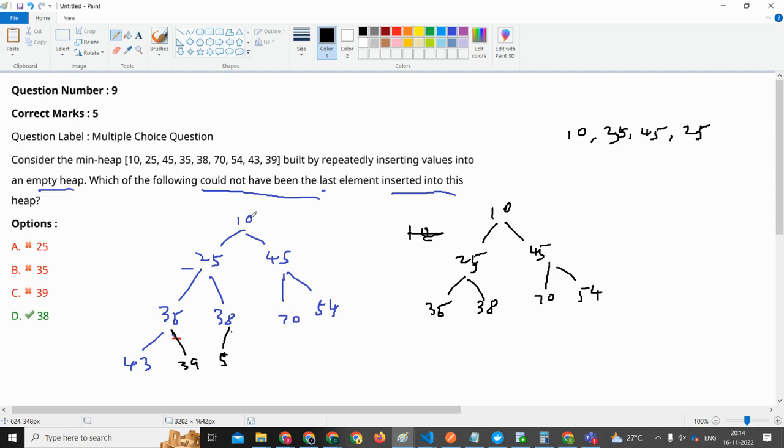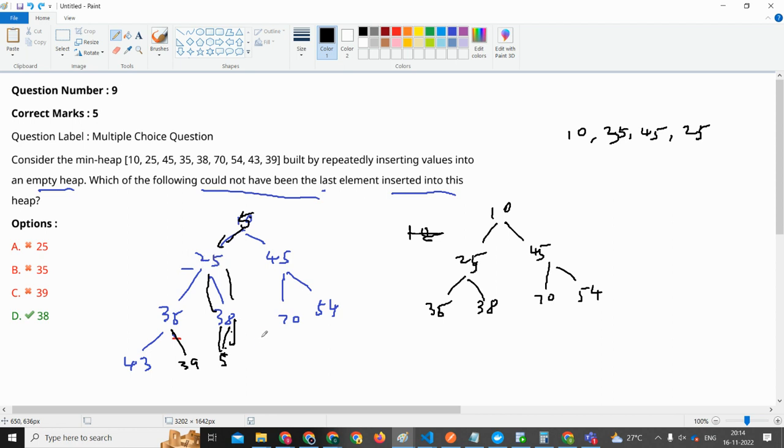It will go to the top. It will exchange with these two, then again interchange with this, and then 5 will go and sit at the top. So you will have 10 here, and then 25 here, and then 38 here. You followed what is happening here? Yeah, I got it.